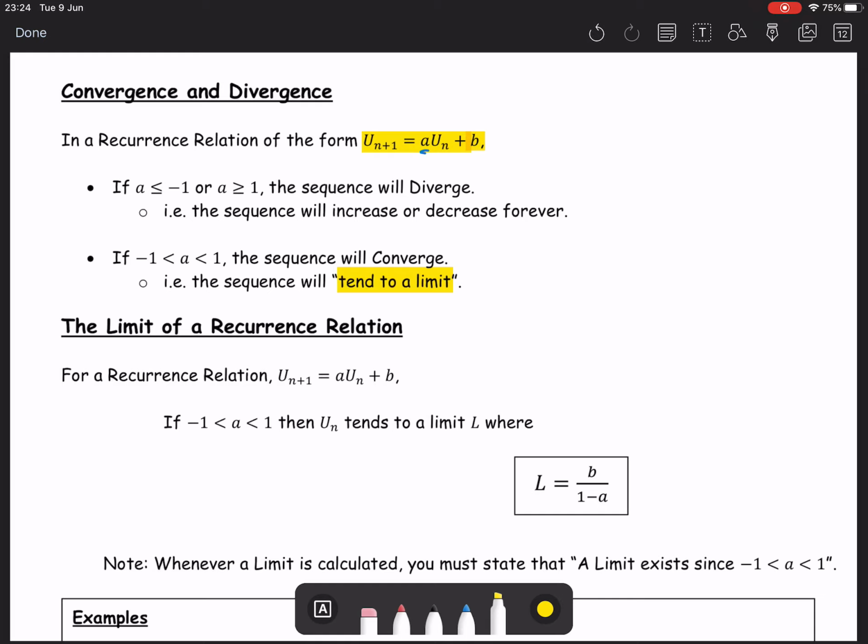Often in this situation, some common phrases that we would see: you might use the word eventually, so what would happen to the sequence eventually, or in the long run.